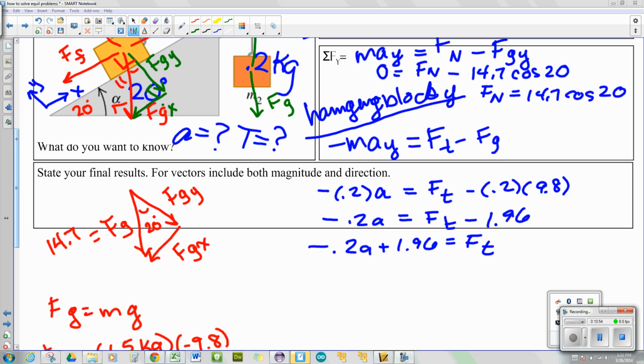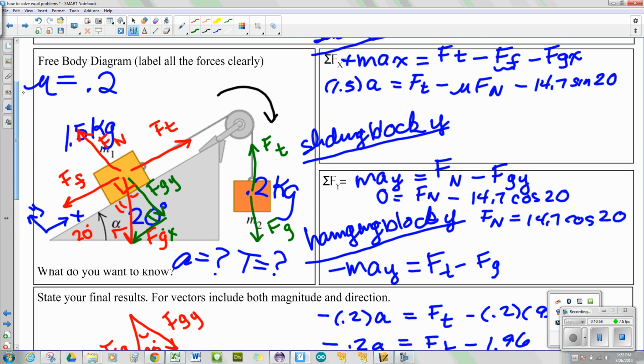Then if I go all the way to the top, back to this equation, I'm going to do one more step here, and then I'm going to move it to the bottom. I get 1.5a equals Ft minus mu is 0.2, Fn is equal to 5.03, because that is 14.7 times the cosine of 20.